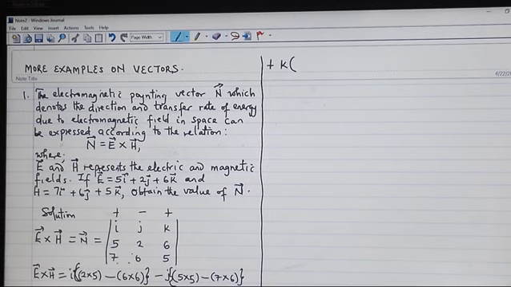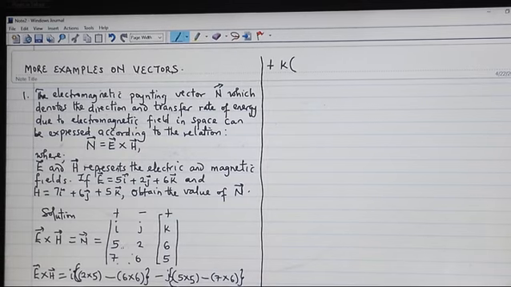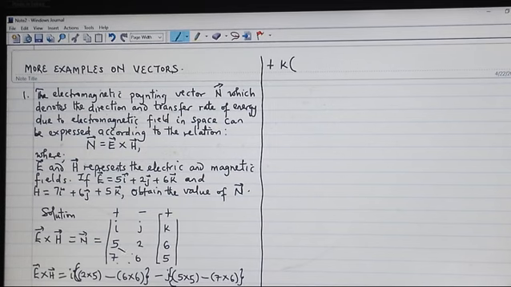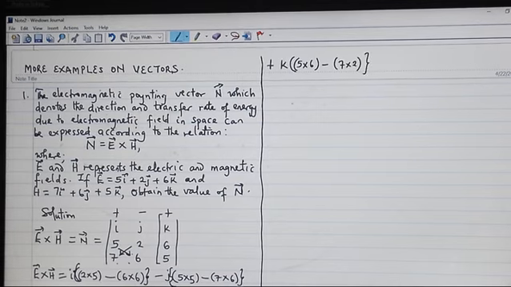Since we are using k as the multiplier, we block this k column, and so we have the remaining two columns, 5 times 6. So we say k into 5 times 6 minus 7 times 2. This is for k.